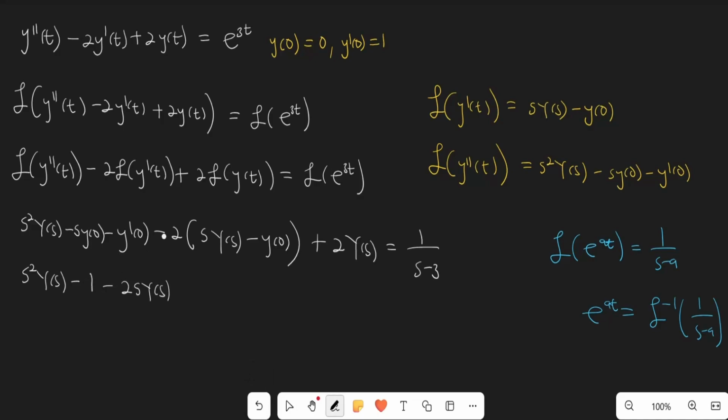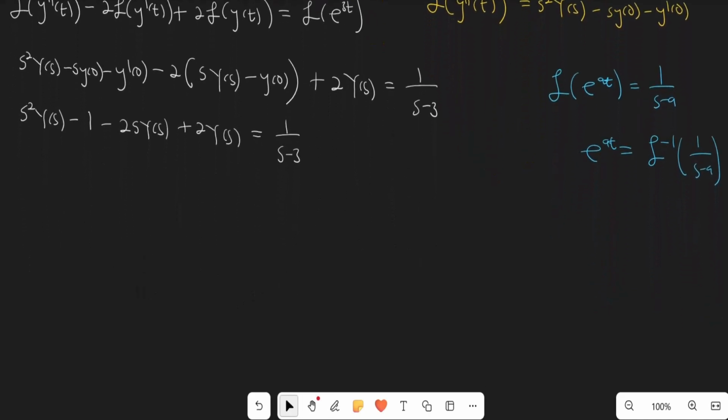Now minus, when you multiply that, it becomes plus 2 times y of 0, but this is 0, so that is needless if you write that. And now you add plus 2 times Y of s, and that is equal to 1 over s minus 3. Alright, that is after plugging in our initial conditions.